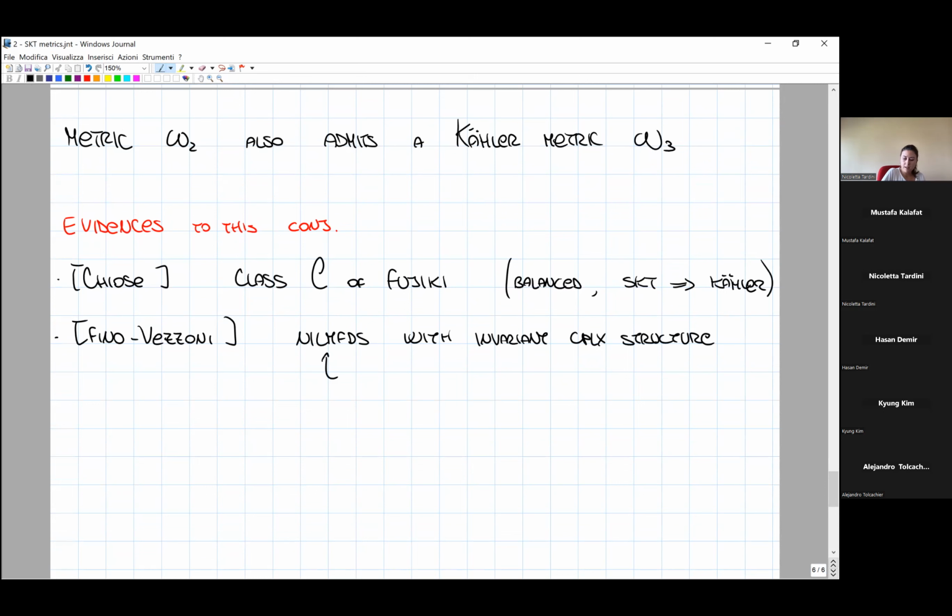So nilmanifolds, I'm going to speak in detail tomorrow about nilmanifolds, so I will not say much now, but they are quotients of Lie groups that are nilpotent and simply connected, okay? So don't worry if you don't know the definition of nilpotent Lie group, because I'm going to recall the definition tomorrow. Just think that these are special classes of manifolds, and it is known that in these cases, the conjecture is known to hold, okay?